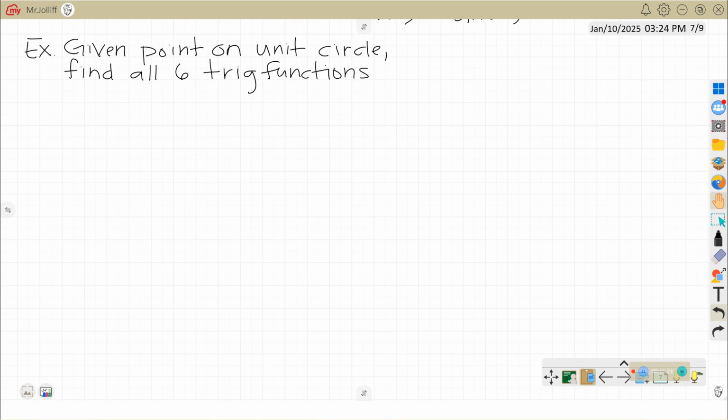I'm going to do 2. I think we have time to get through 2. Given a point on the unit circle, find all 6 trig functions.